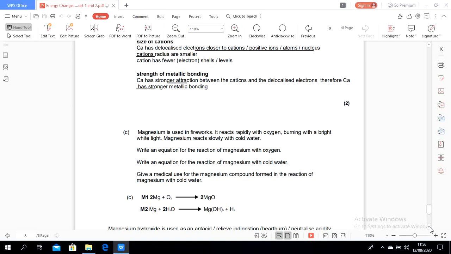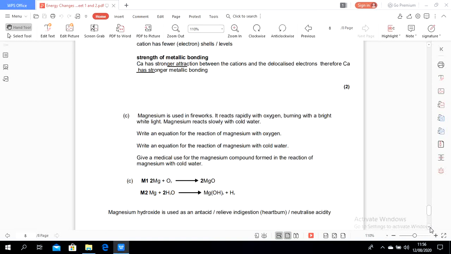And then give a medical use for the magnesium compound formed in the reaction of magnesium with cold water. This is not only a common use, but used for medical purposes. For medical purposes, magnesium is used as a compound in antacids. The name is magnesium hydroxide.